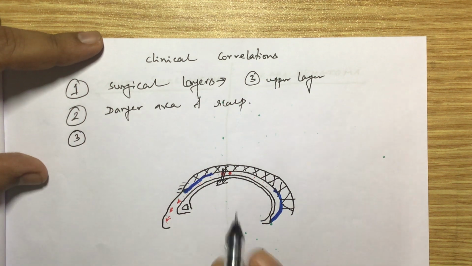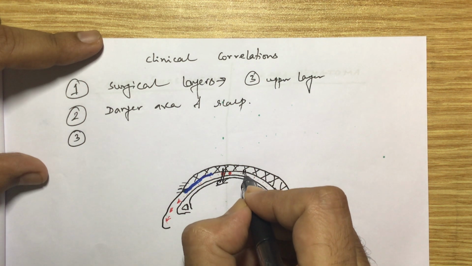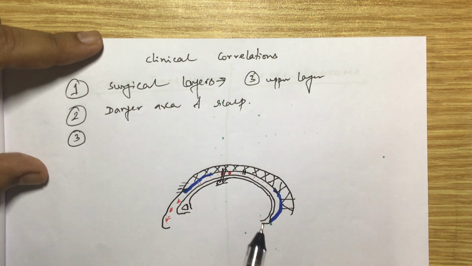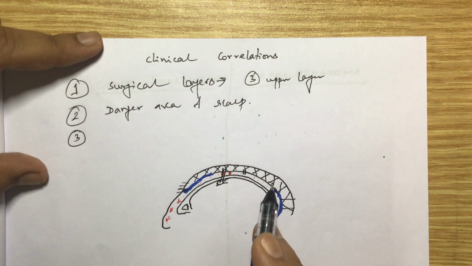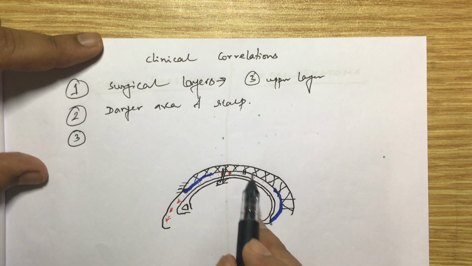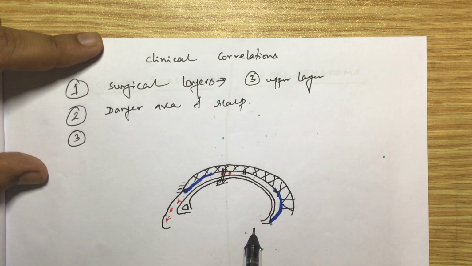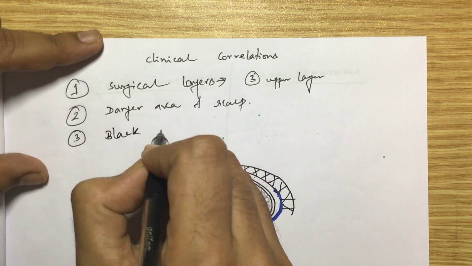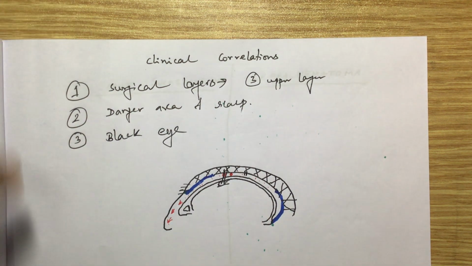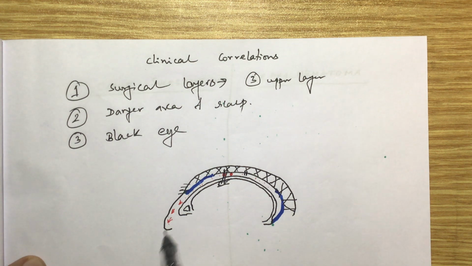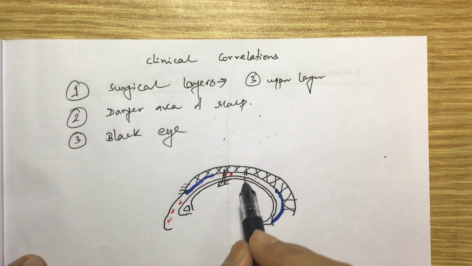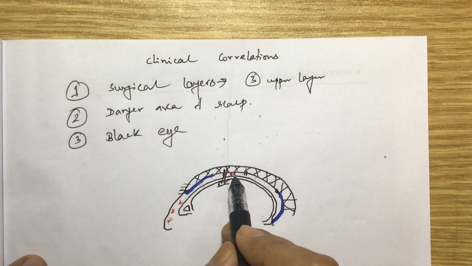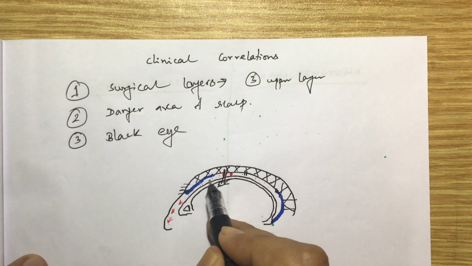Third, we have described that if there is any transverse injury to the extracranial aponeurosis, that can give rise to a gap over here. And also we have described the black eye: why there is blackish discoloration around the eye when there is injury in the scalp, because the blood easily travels through the loose areolar tissue layer.